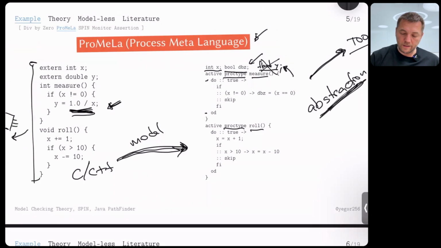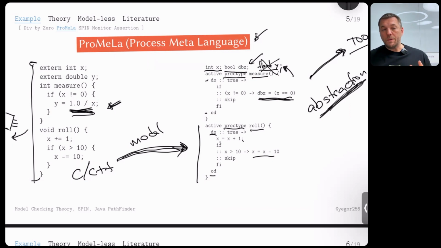So again the endless cycle, do and OD, and we do x plus 1. Here we're pretty much the same. Here I didn't reduce the functionality. Here I reduced the functionality. I simplified it. Here I didn't. So that's the way to prepare my software for the analysis.